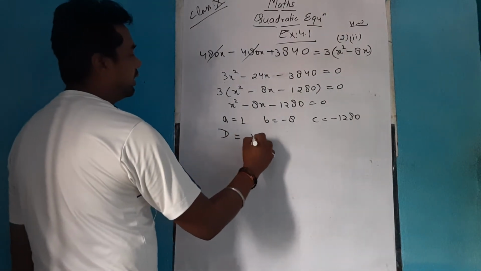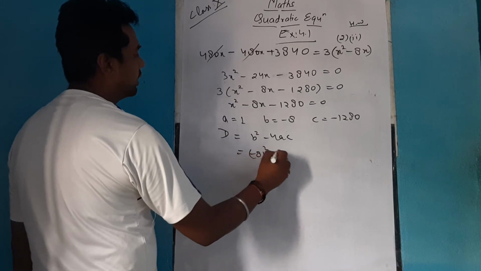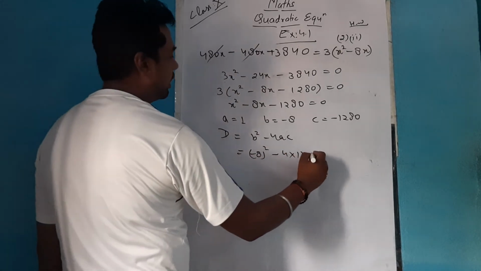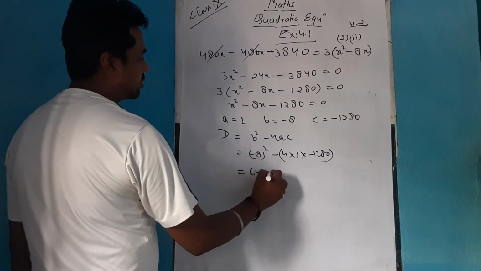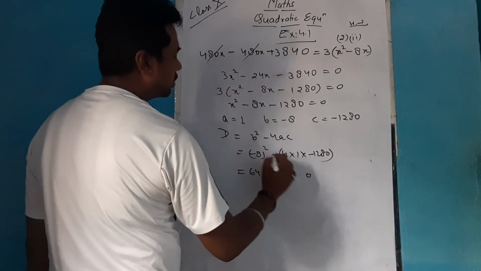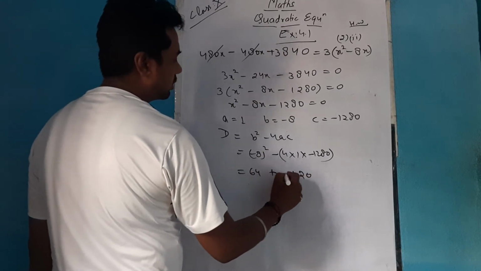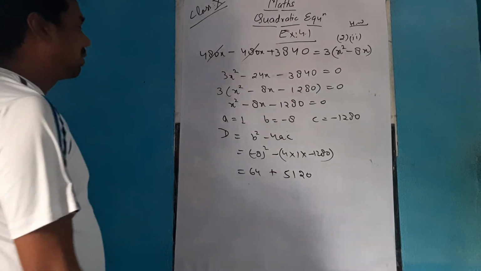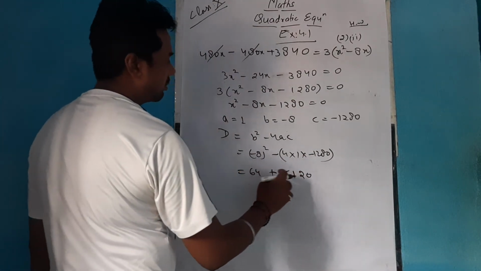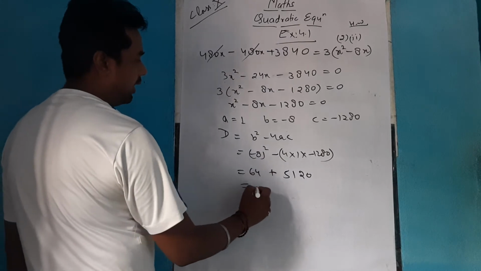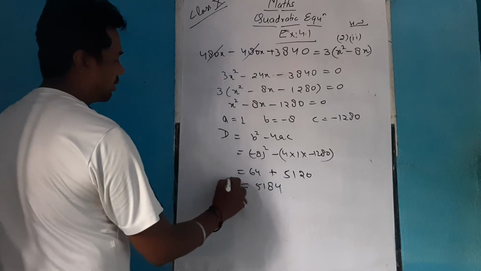So the value of d is b square minus 4ac, that becomes minus 8 square minus 4 into 1 into minus 1280. So that becomes 64 plus 5120, and when you add, that becomes 5184.